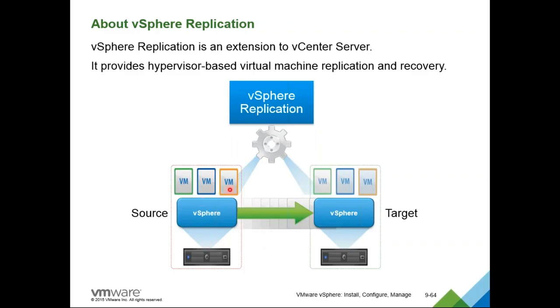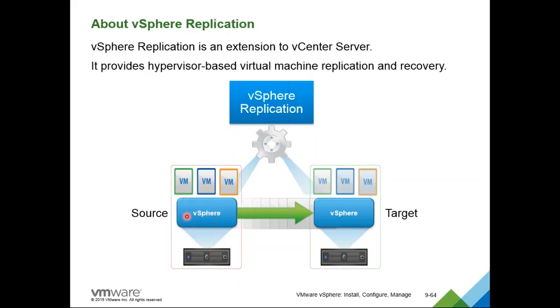Assume this is a single data center or a single site. On this site you have ESXi hosts, vSphere, and your virtual machines. For a site level, you want to protect your virtual machines.